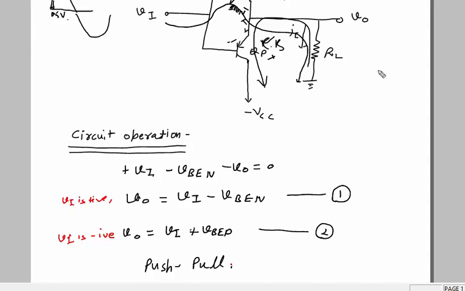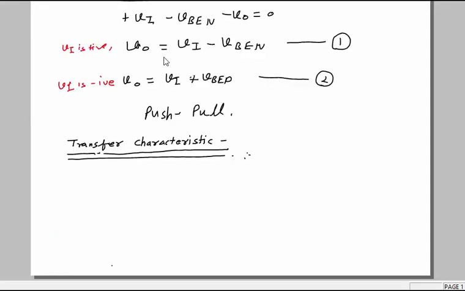Now let us see the transfer characteristics. Transfer characteristics means we have to plot a curve between V naught and Vi. Let us see this equation again.